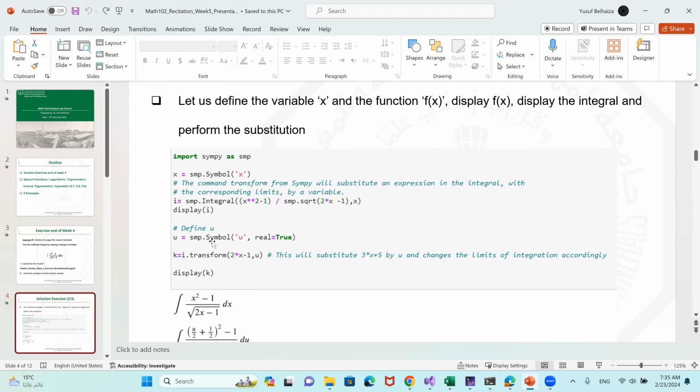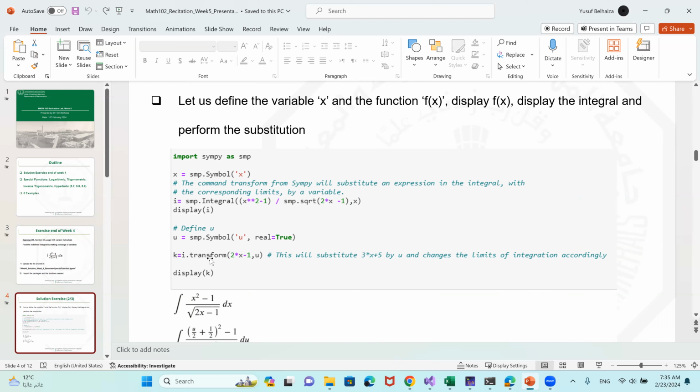Then we will define the new variable, which is also a real variable called small u, a symbol, real variable, and we'll use it with the command transform. So I.transform, what will it do?